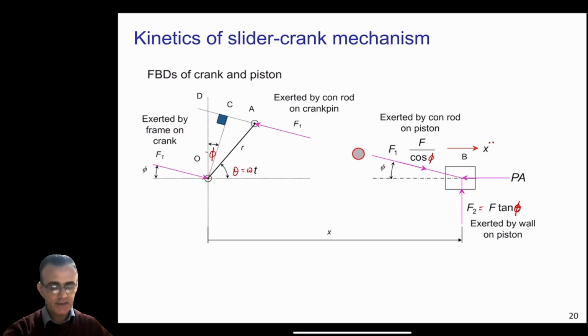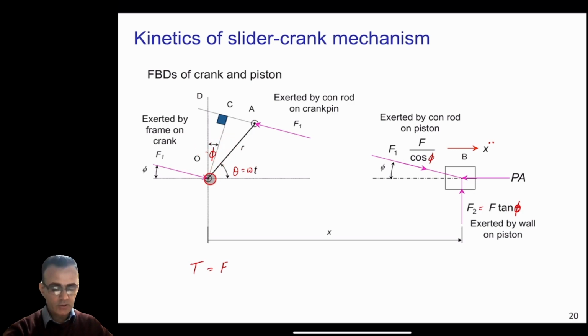Okay, so now we are also interested to calculate the torque which this engine will produce. To calculate torque, the torque is just the force times the perpendicular distance. In this case, the perpendicular distance is this OC here. If you want to calculate the torque of this F1, which is rotating this crank, this is the output torque of the engine.